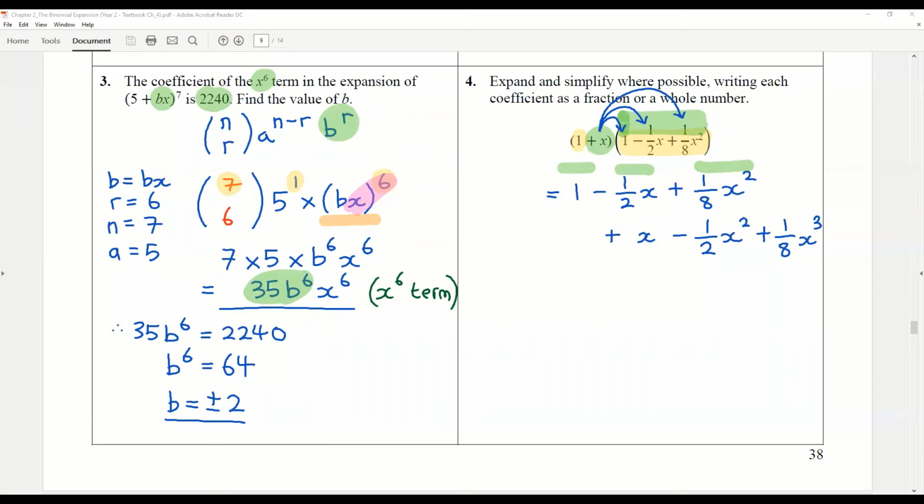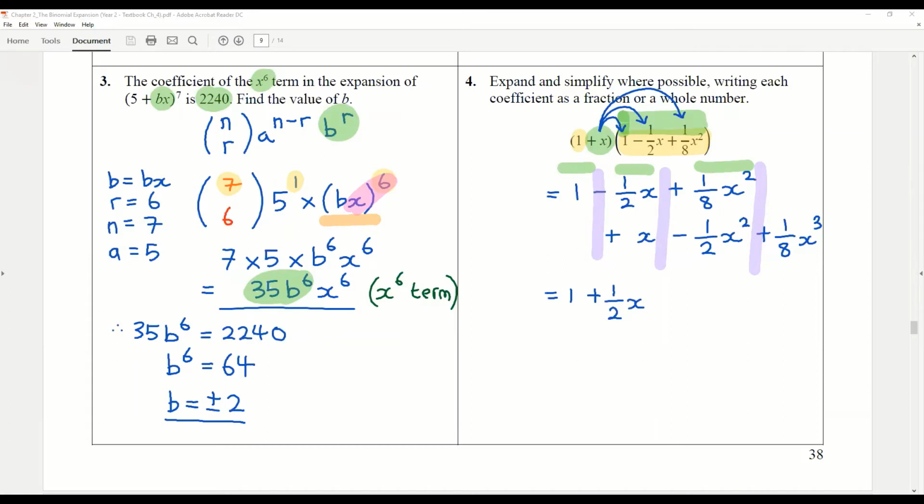Okay, so let's add up vertically. And just to emphasize, I'm just going to partition my column. So we have 1 on the far left. So that's going to equal 1. We have negative 1/2 x plus x. So that's going to be plus 1/2 x.